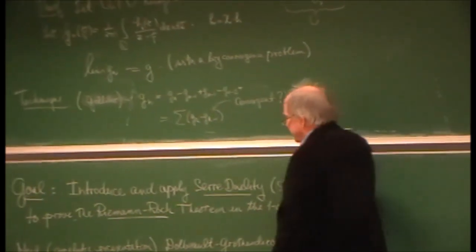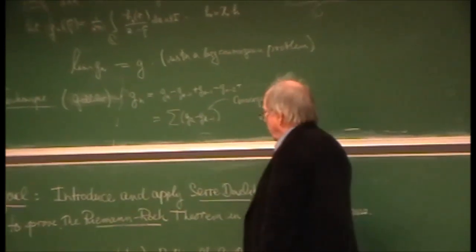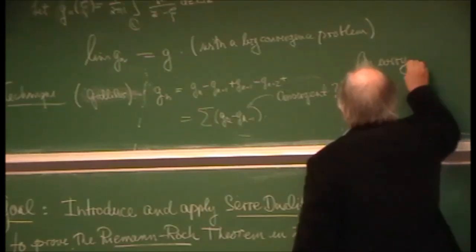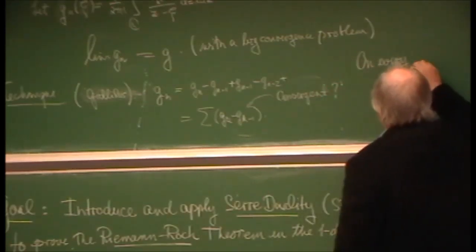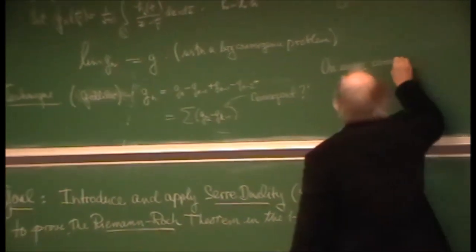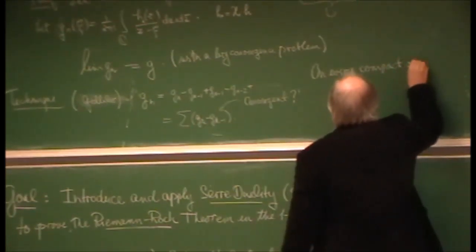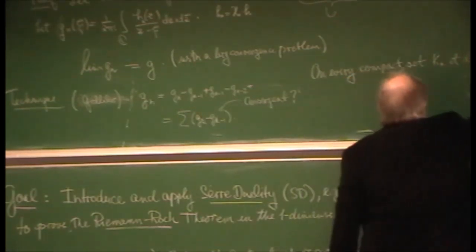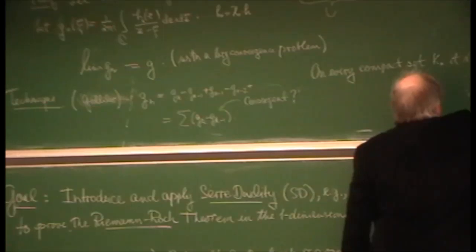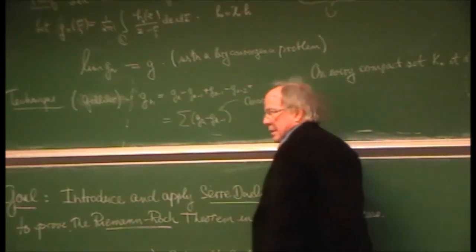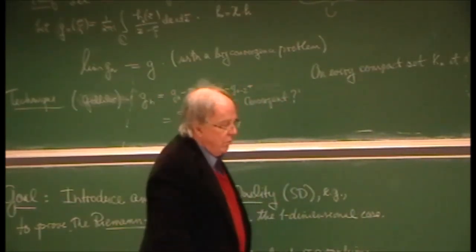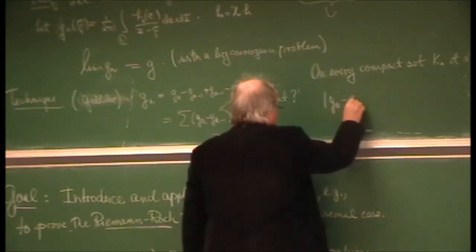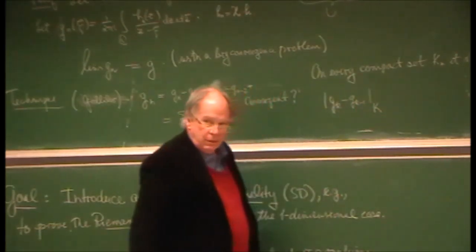But you should remember what this thing is going to have to be. You want it to converge. What does it mean? On every compact set, it should converge. So you want to estimate these things, gk minus 1, on compact sets.